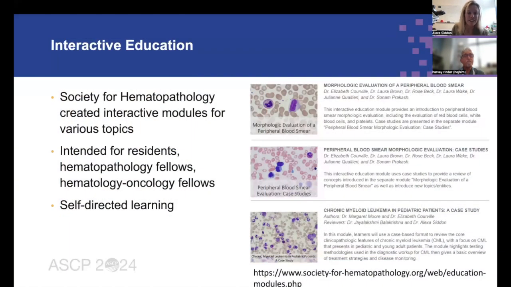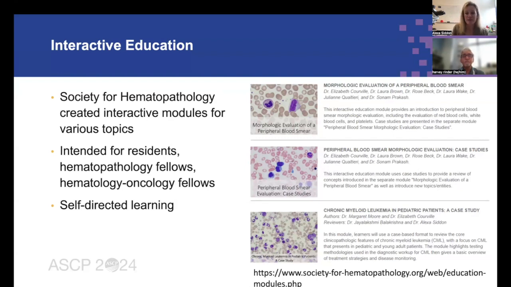One of the other things that we use for interactive education, the Society for Hematopathology has spent a lot of time creating interactive modules on various topics. They built these for a variety of learners, the residents, the hematopathology fellows. I've started asking our hem-onc fellows to learn from these interactive modules.